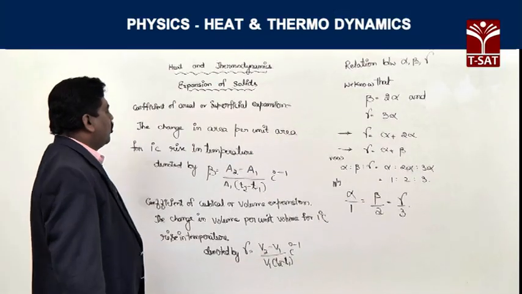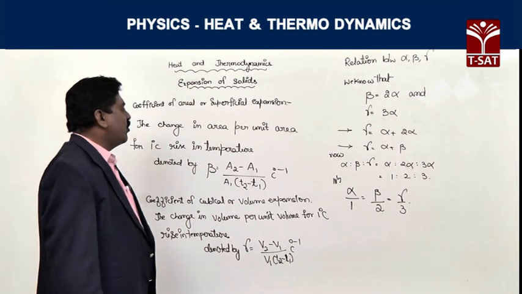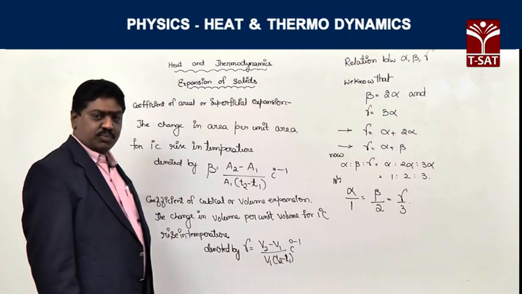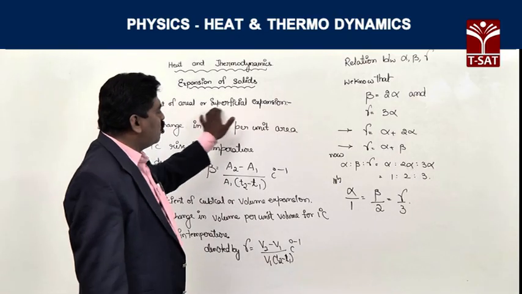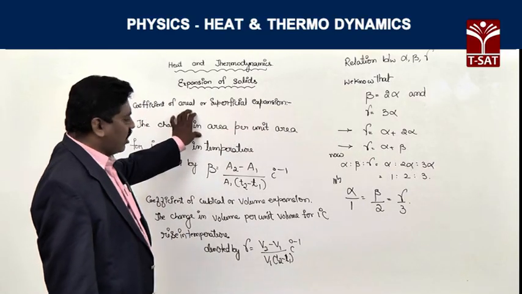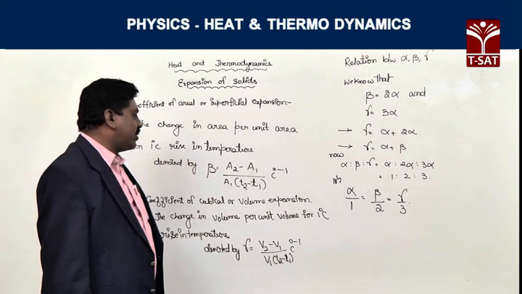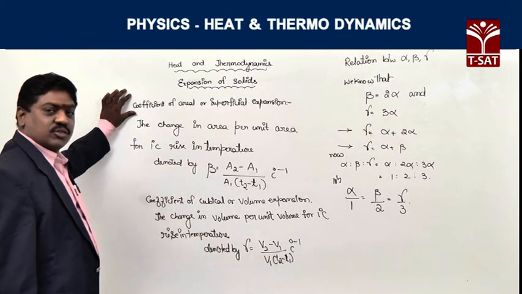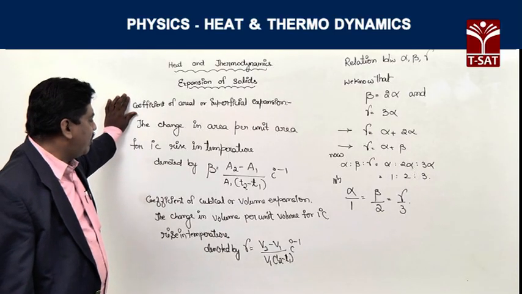After completing coefficient of linear expansion, let us try to understand the coefficient of areal and volume expansion. In the case of coefficient of areal or superficial expansion, the change in area per unit area for 1 degree Celsius rise in temperature is called the coefficient of areal or superficial expansion.